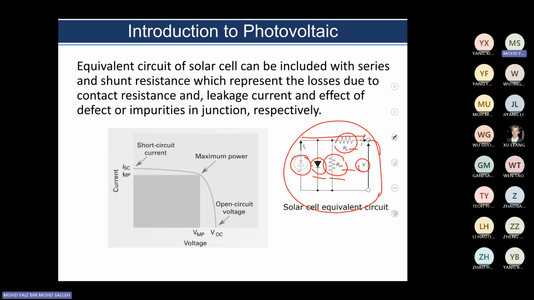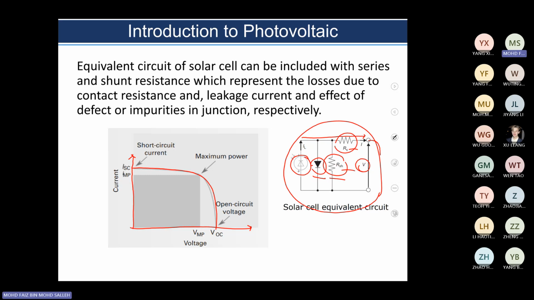If your shunt resistance is lower than the diode, then the current can go to the load. So that is what we call, in English, the trade-off between current and voltage. If you plot the IV characteristic of the solar cell, the y-axis is the current and the x-axis is the voltage. This depends on the diode characteristic.